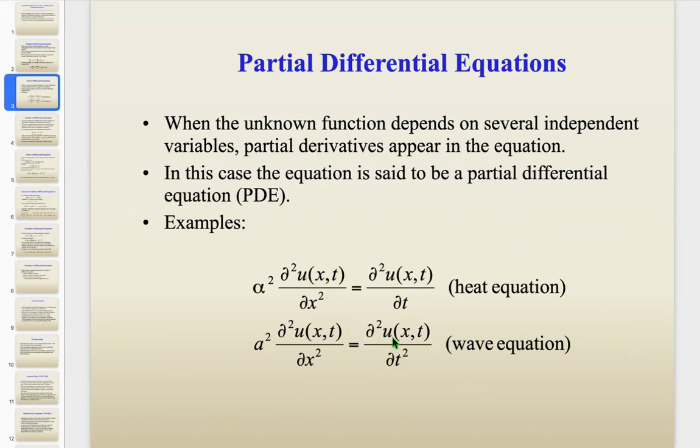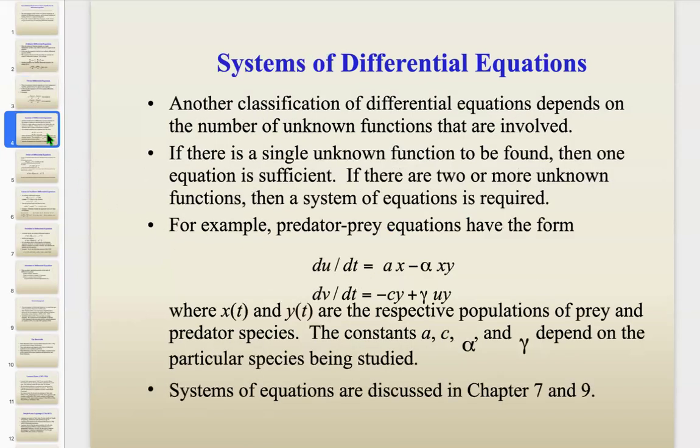In the wave equation, the unknown function u is again a function of x and t. So x is position, t is time, and here u represents displacement from an equilibrium. PDEs are my specialty in research, but that's beyond the scope of this class.